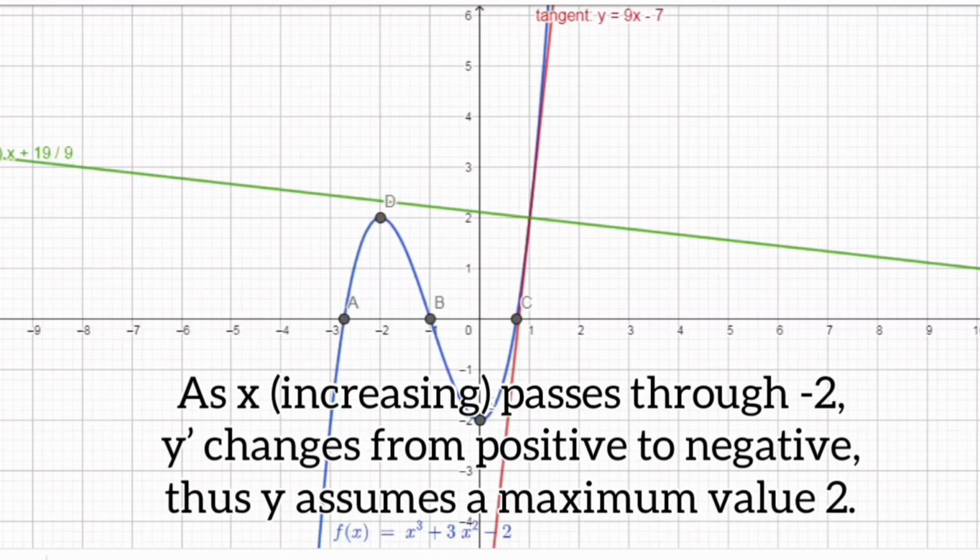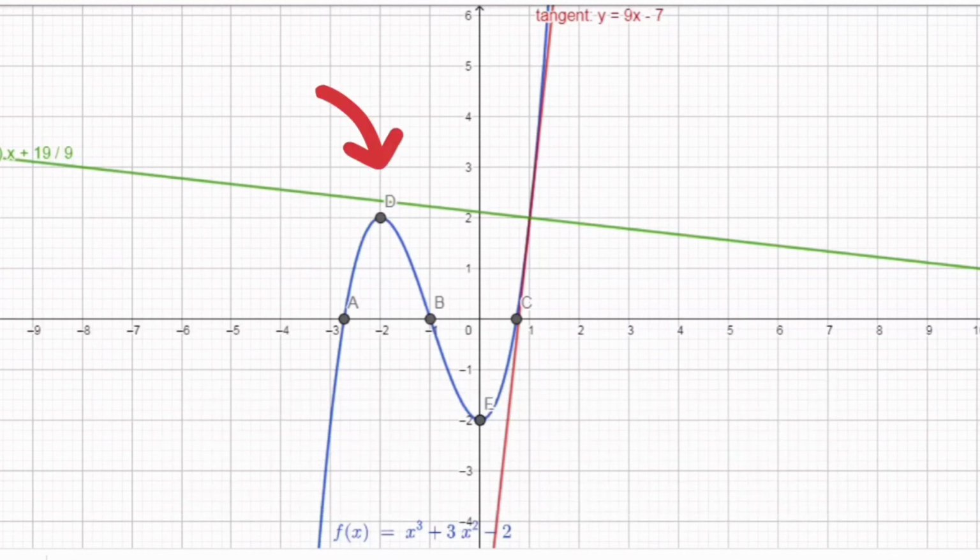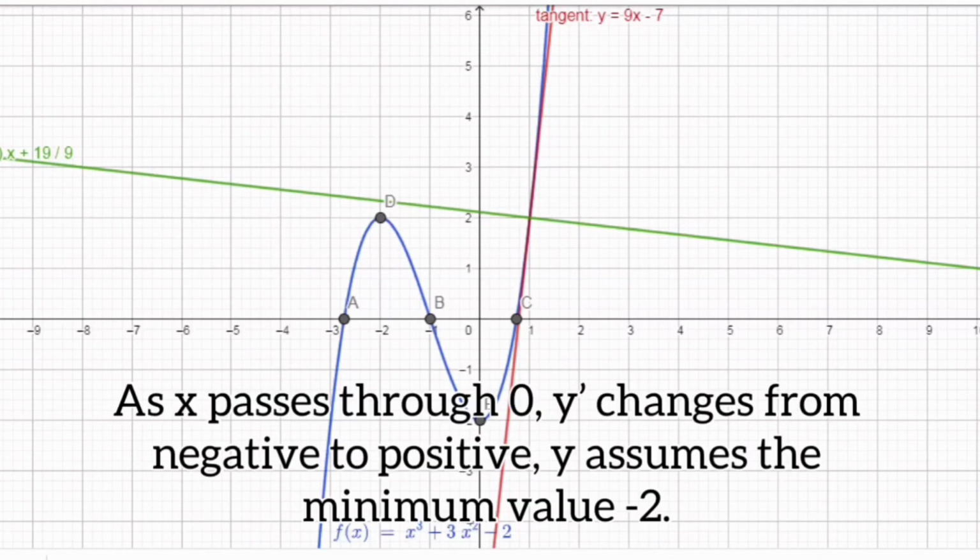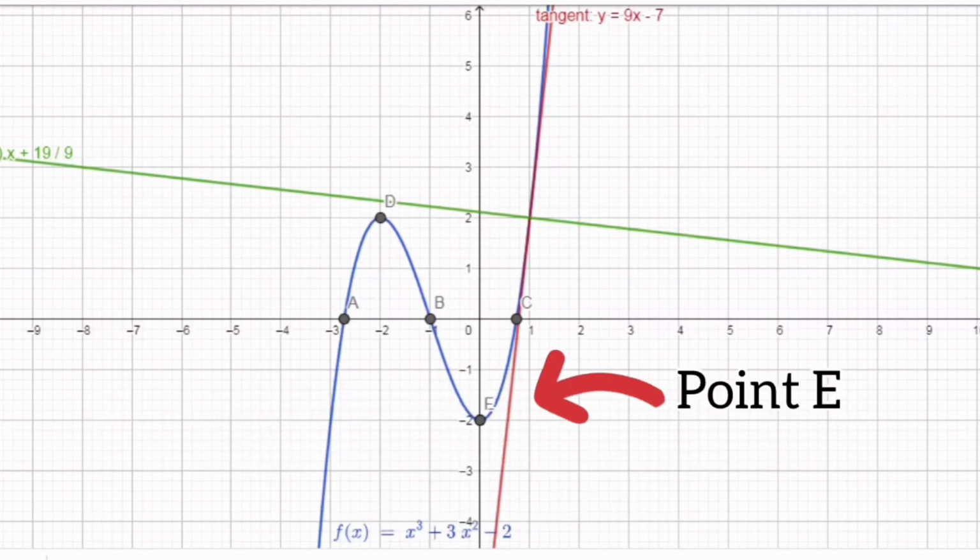As x increasing passes through -2, y changes from positive to negative. Thus, y assumes a maximum value 2, and that can be seen at point D. And also, as x passes through 0, y changes from negative to positive, and y assumes the minimum value -2. It can be seen at point E.